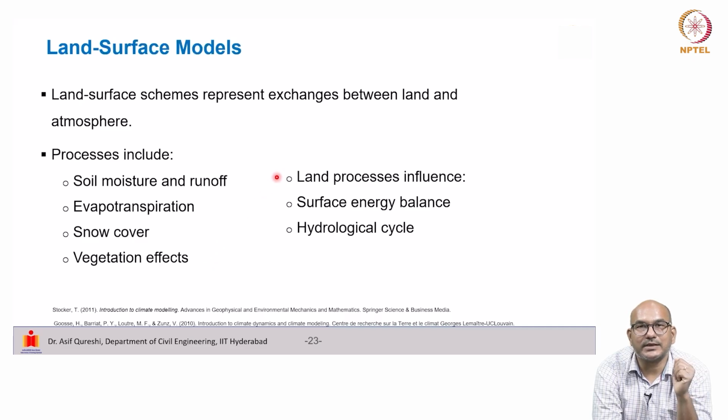These land processes will influence the surface energy balance and the hydrological cycle, which of course then influences the energy balances of the atmosphere as well. Then we have the interaction or the output of the land surface models.